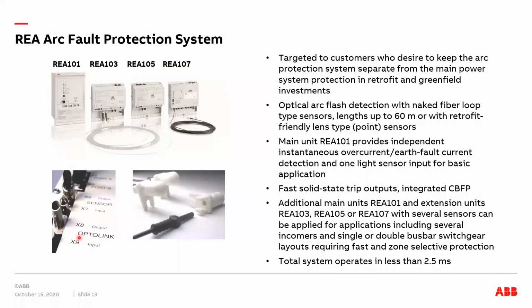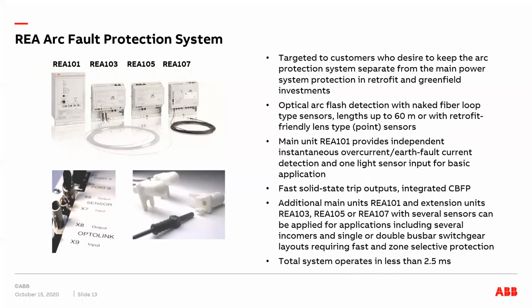The REA arc fault protection system consists of the main module REA101, and it can work as such as a standalone device, and the basic system can be just built on one REA101 and sensors, or it can then be extended with 3 types of extension units.